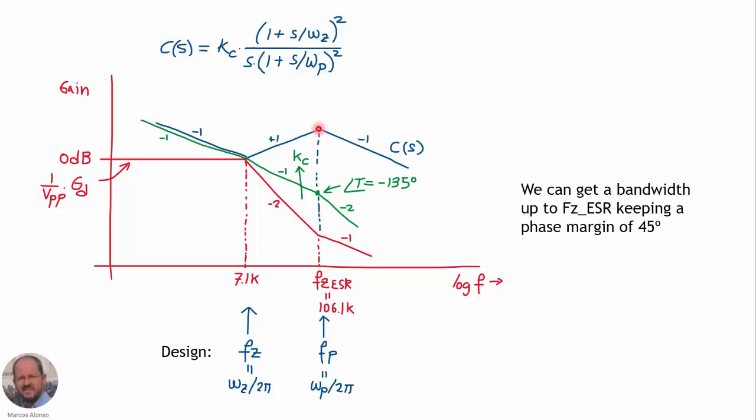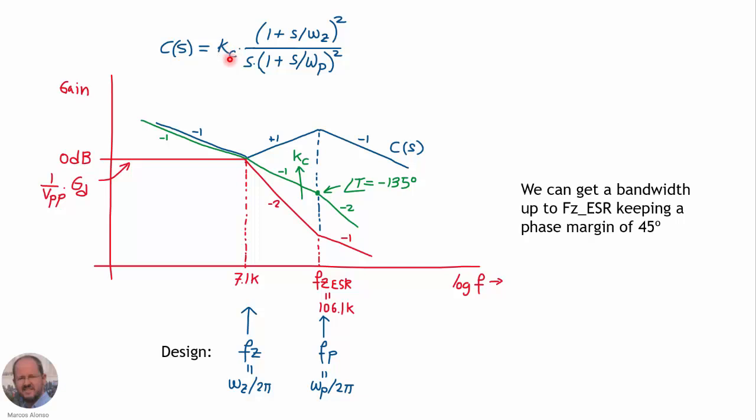We have the effect only of one pole, so we have a pole at this point, and therefore the slope of the gain is going to increase up to minus 40 dB per decade. But at this point we are going to have a phase of the loop gain equal to minus 135 degrees.